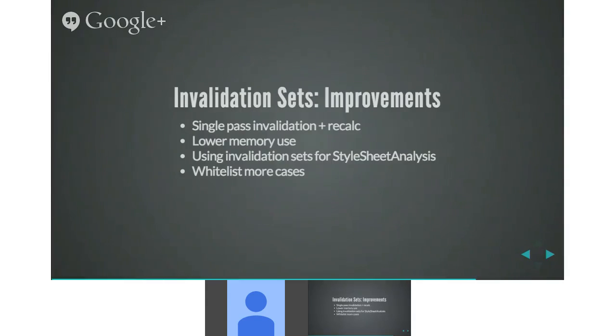I guess if you're modifying the class of body, for instance, and there is one single element that is affected by a selector for that class you set on body, you will only need to recalc style for a single element deep down the tree, but you actually do a pass through the whole DOM tree to mark that with local style change, and then get back up and do a recalc style of the whole tree only to get down to that local style change again. And ideally, that could have been done in one pass, I guess, if you did invalidation and the recalc style in the same pass.